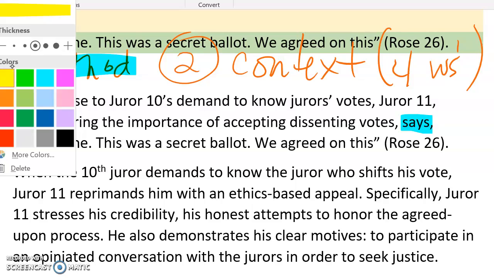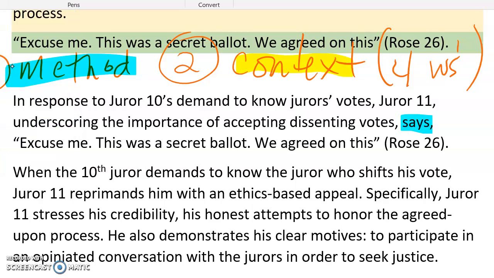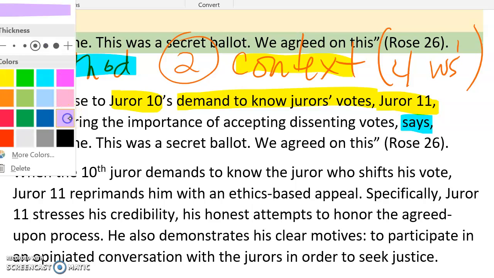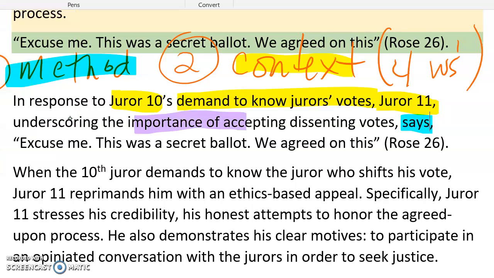Context. Who? Juror 11, Juror 10. What? Juror 10's demand to know jurors' votes. And then connecting back to the topic sentence. Okay, coherence. I feel like I have that language here. Importance of accepting dissenting votes.